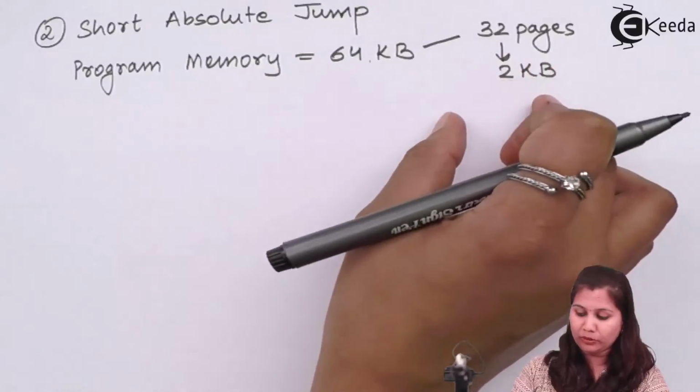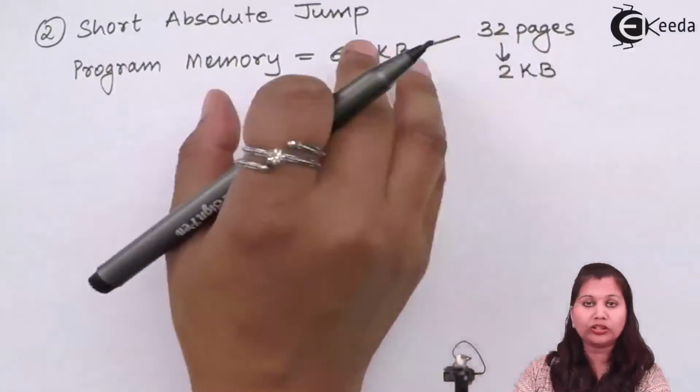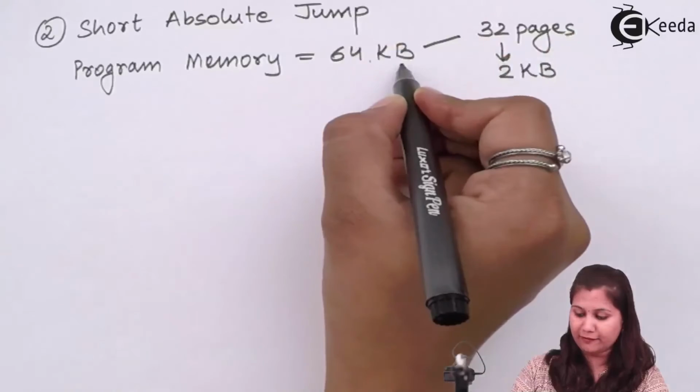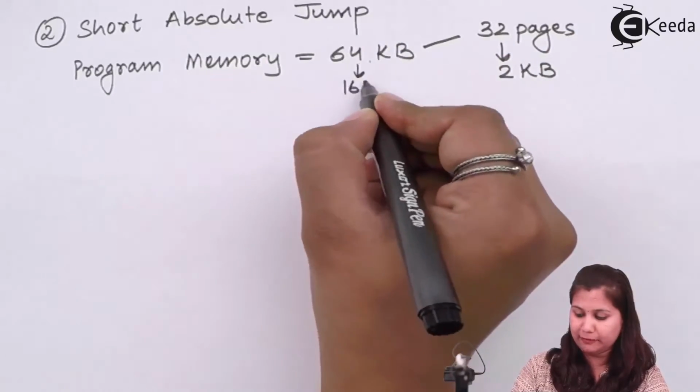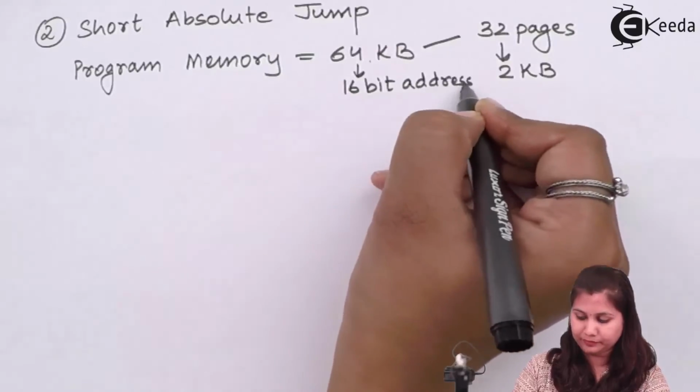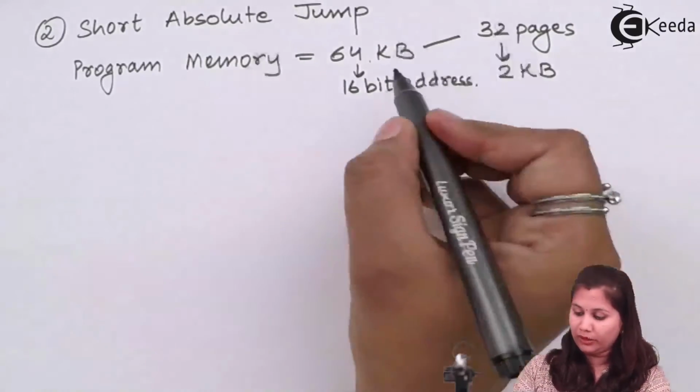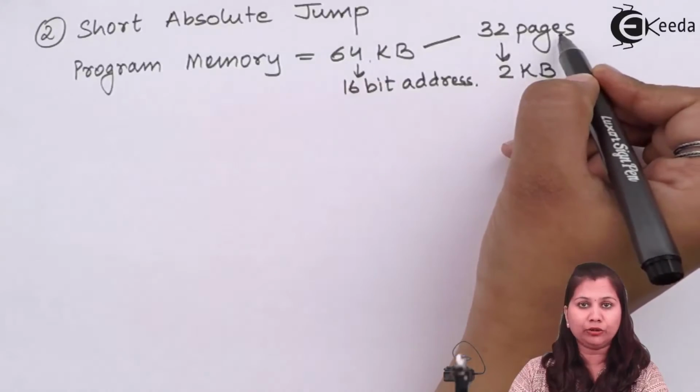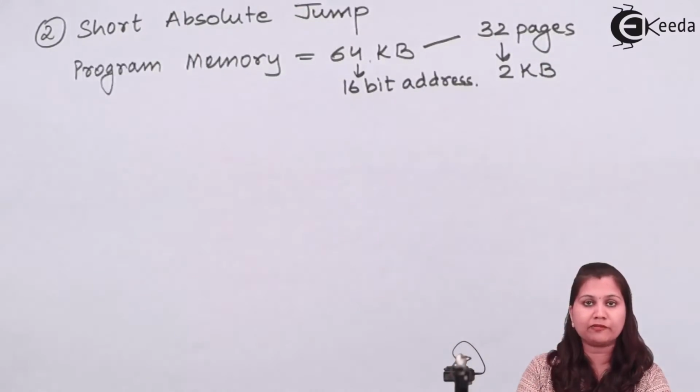Now if we talk about their addresses, because 64 kilobytes are there, a 16-bit address will be there. Because we have 32 pages, the first 5 bits are the page number, and the remaining 11 bits indicate the address within the page.